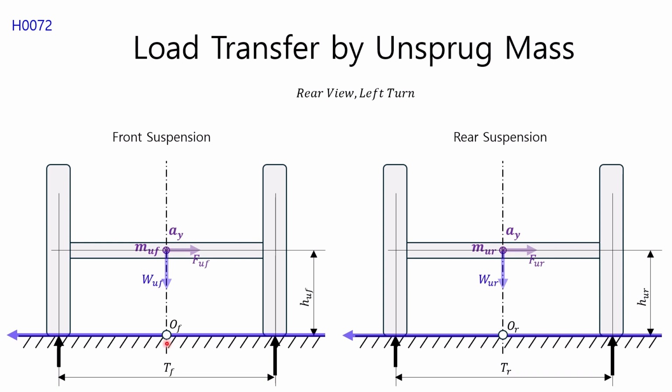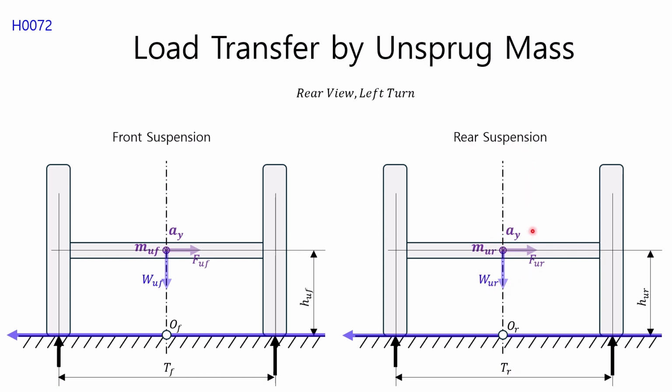According to the law of action and reaction, the moments must be in equilibrium about the point OF, so the moment obtained by multiplying the lateral load FUF by the height HUF of the front wheel unsprung center of gravity must be equal to the moment obtained by multiplying the front wheel track TF by the load transfer, and we can use this to obtain the load transfer. The same method can be used to obtain the load transfer generated by the rear unsprung mass for the rear.